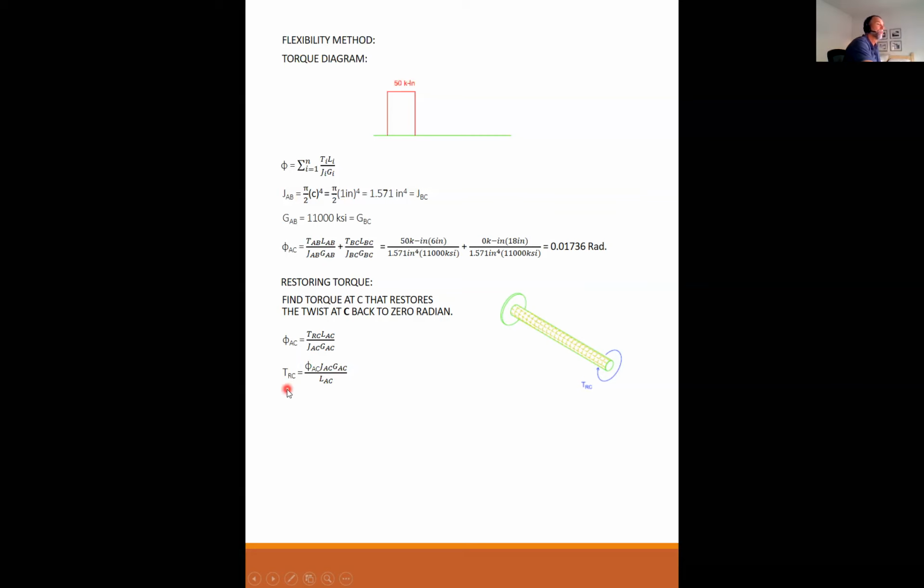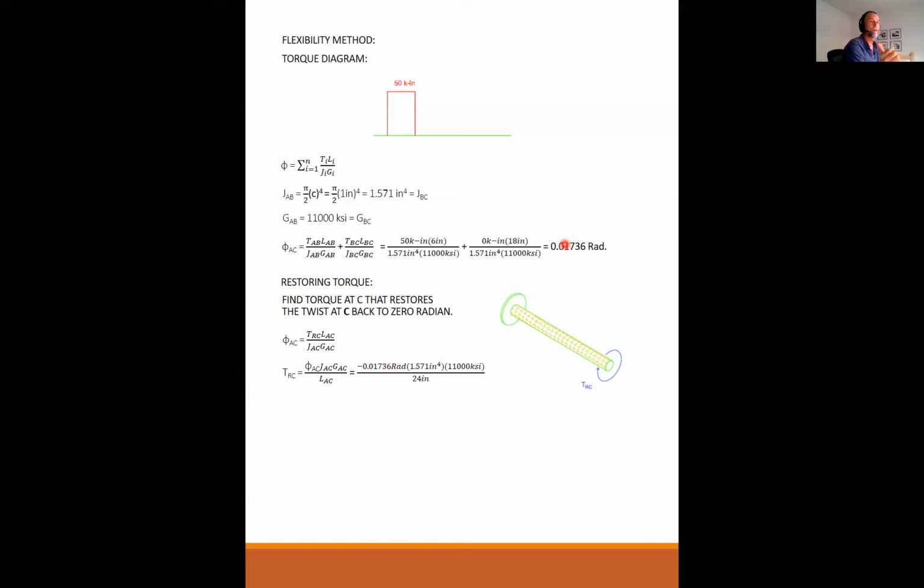So the restoring torque at C is equal to phi AC, basically just solving this equation here, phi AC, JAC, GAC over LAC, which is the minus. And see, why is it minus? Use the right-hand rule.